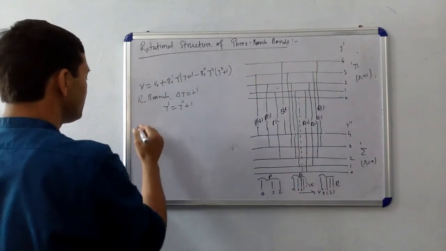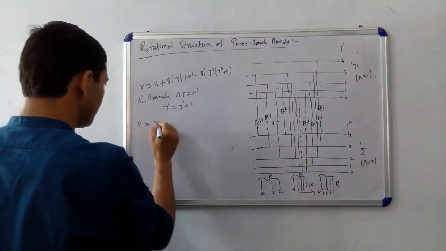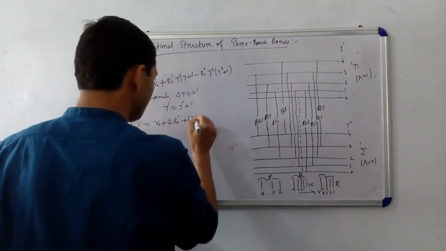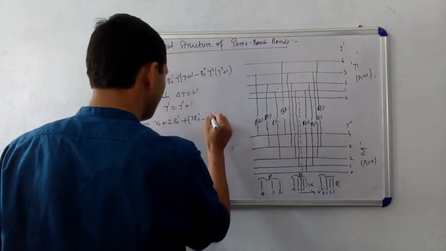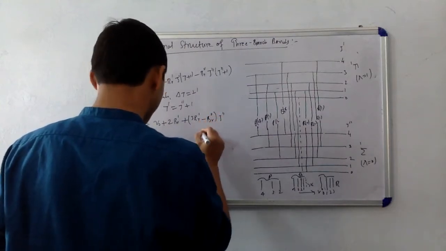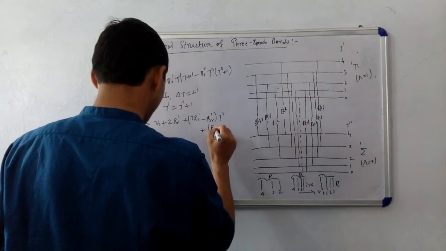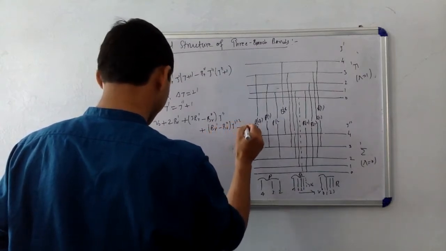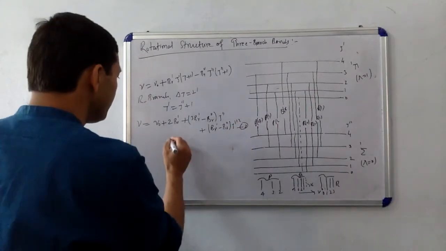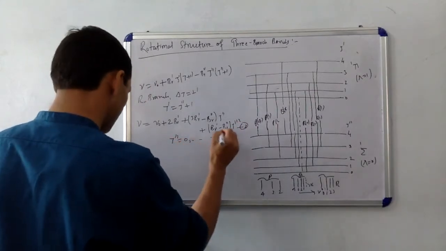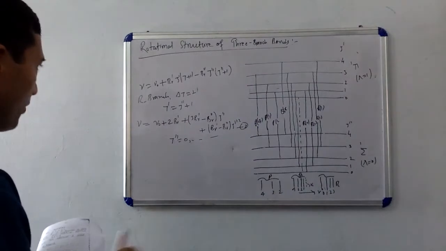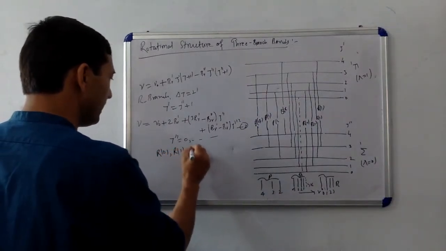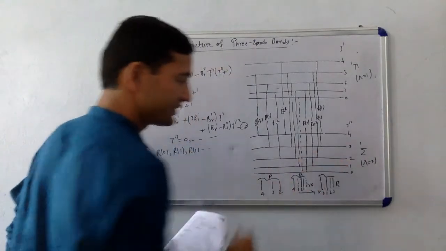Finally, once you put these values, you get a similar relation: nu of R is equal to nu naught plus 2B of nu prime plus 3B of nu prime minus B nu double prime of Z double prime plus B nu prime minus B nu double prime of Z double prime square. Equation number 2, where this Z double prime is equal to 0, 1, 2, 3 and so on. Corresponding to that, what I am getting is R of 0, R of 1, R of 2 and so on. These are the lines we have shown.